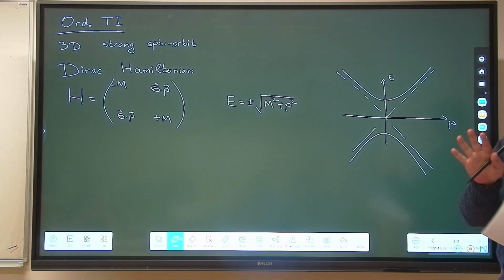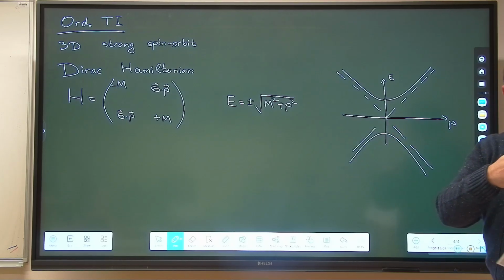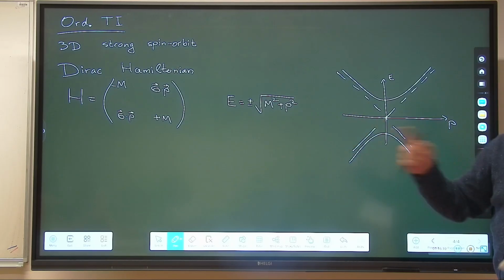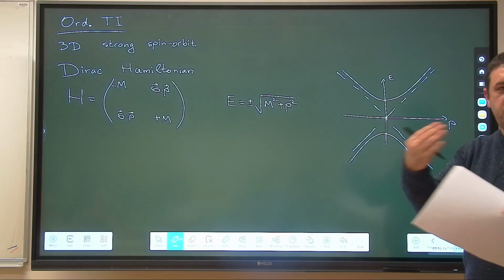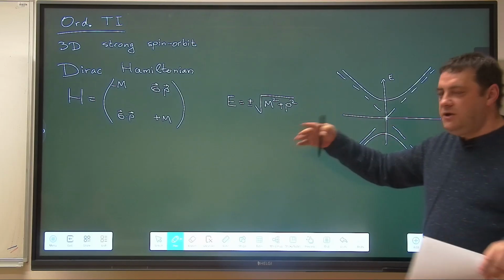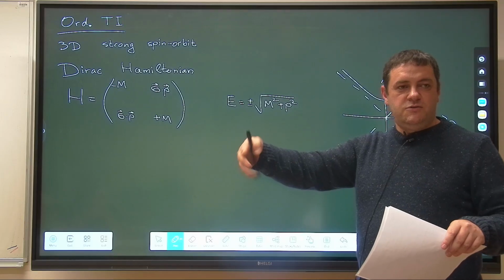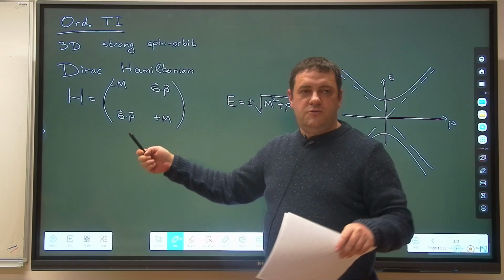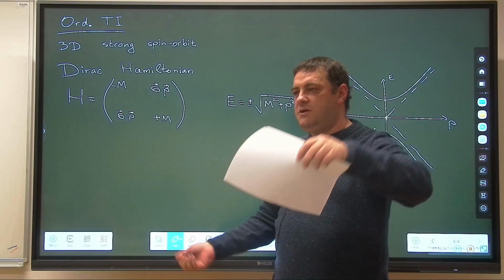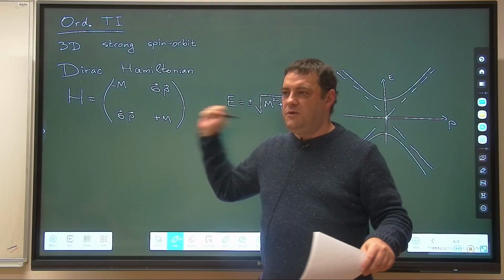And we can approximately write the Hamiltonian as an expansion near this point. And this expansion starts with zero order, with a constant, plus linear term, plus quadratic. And so we just take linear terms into account. So we have some zero order term and some linear terms. And then we can choose the basis such that it looks like these gamma matrices.